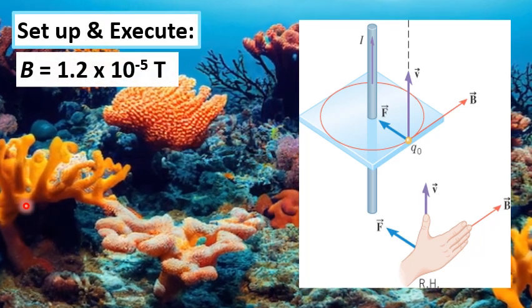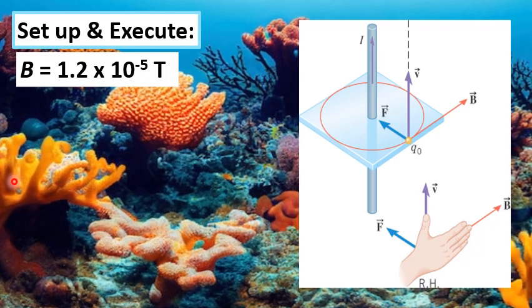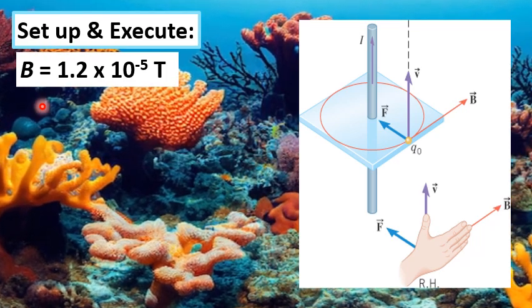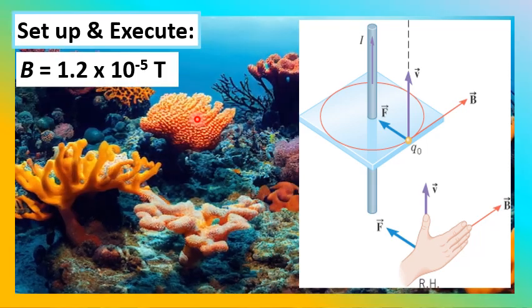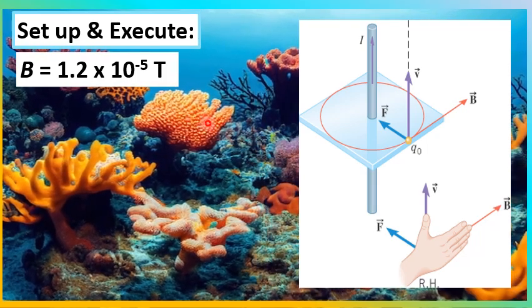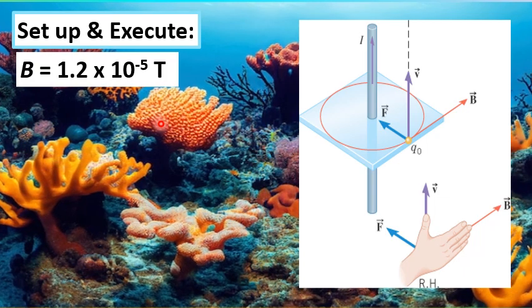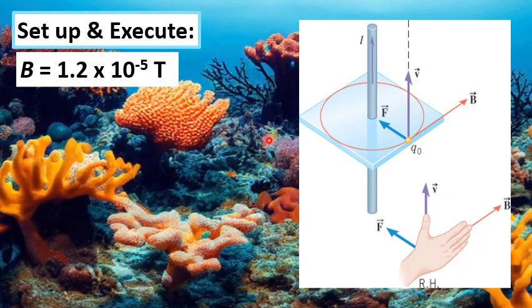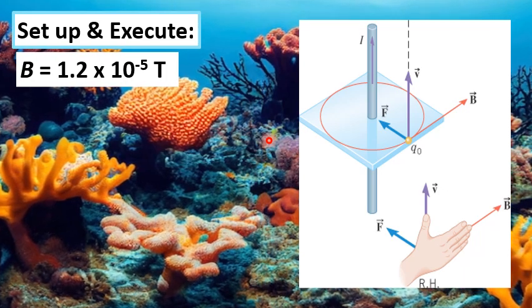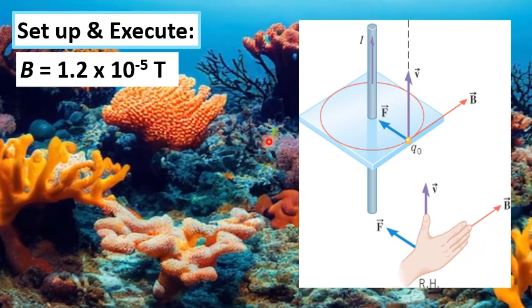So with the induced magnetic field, capital B, already computed, that is equal to 1.2 times 10 to the negative 5 tesla, we can now find the magnitude of the magnetic force, capital F, exerted by the magnetic field B on the positive charge Q naught moving at a speed v.